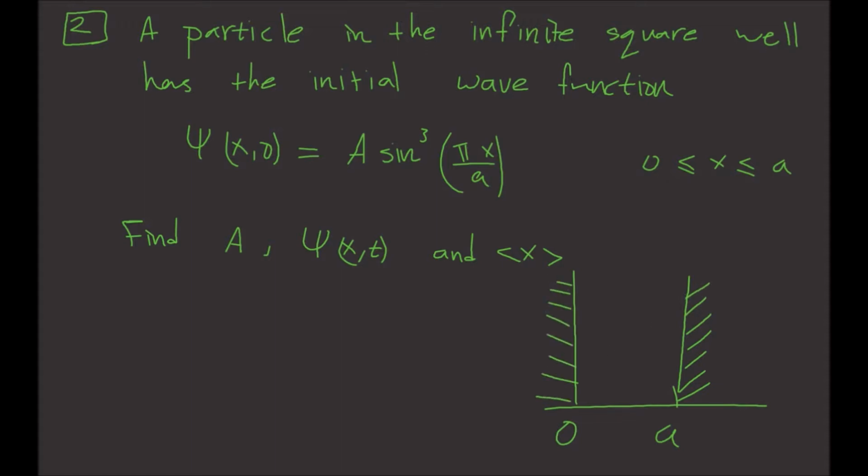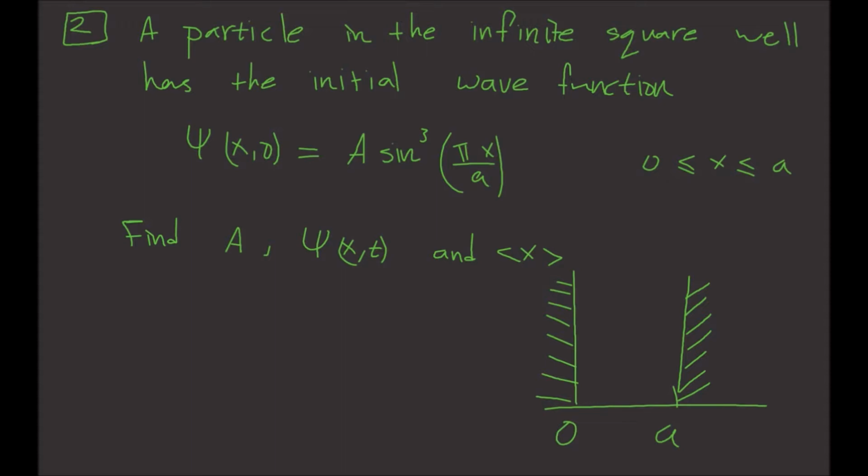But we start with the initial wave function equal to that. So in this question we're going to find A, the normalization constant. We're going to find the wave function that depends both on position and time, and also we're going to look at the expectation value of x.